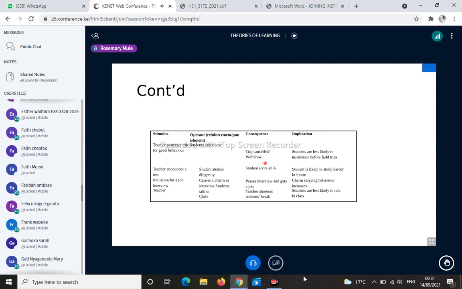Just a moment, please. So this diagram, it will be clear in your notes when I upload them.